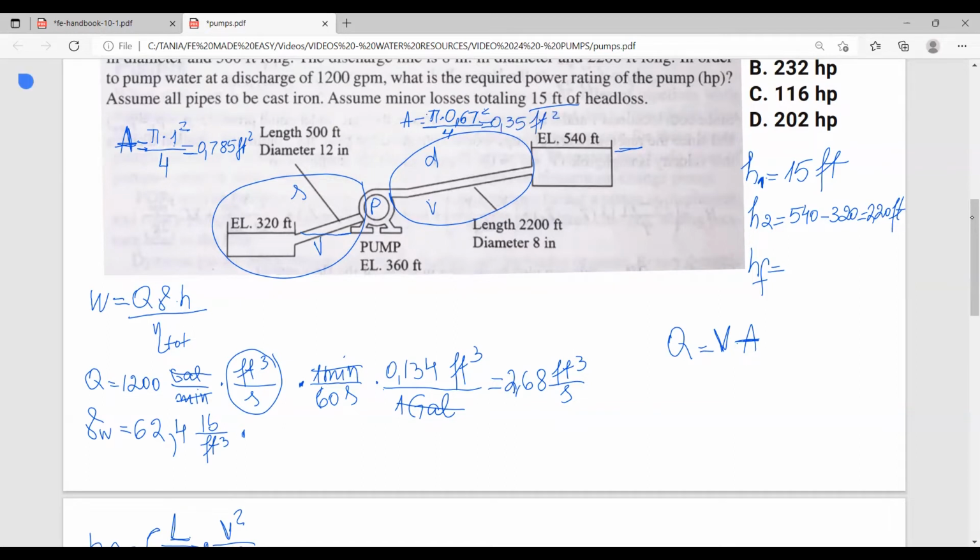So now that we know this, we can calculate velocity at the suction and velocity at the discharge.